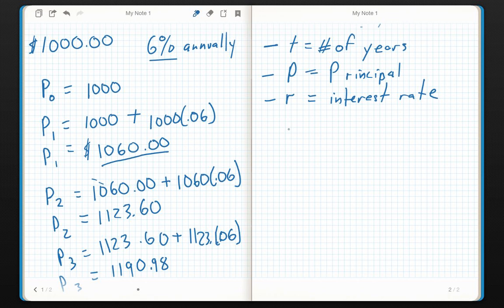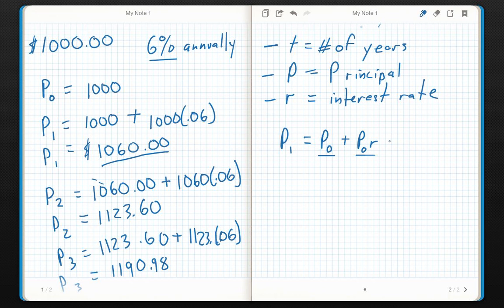Now, let's look at this from a more abstract point of view. To get P1, we took P0 and added P0 times R: our starting principal plus our starting principal times the interest rate. So after 1 year, this is what we have.